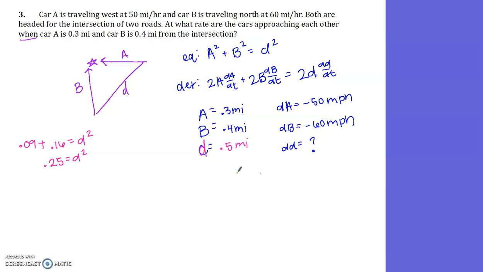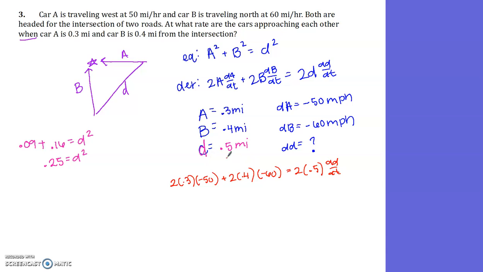Now I can take all of this, plug it into the derivative, and solve for dD dt. So I'm going to have 2 times 0.3 times negative 50 plus 2 times 0.4 times negative 60 equals 2 times 0.5 dD dt.